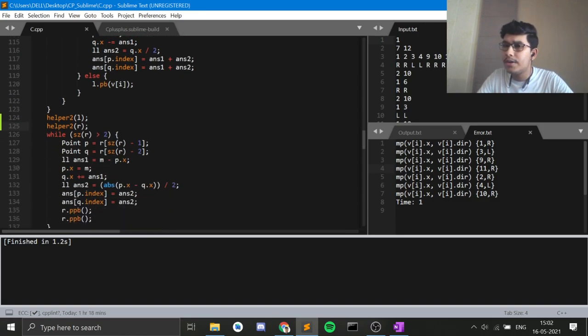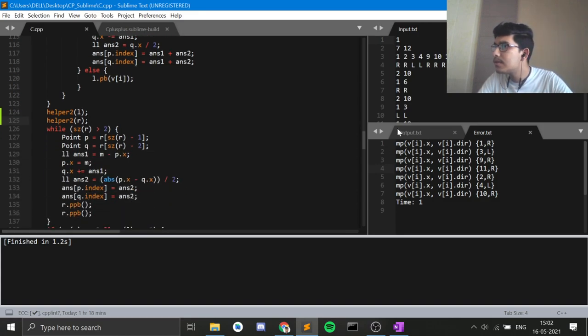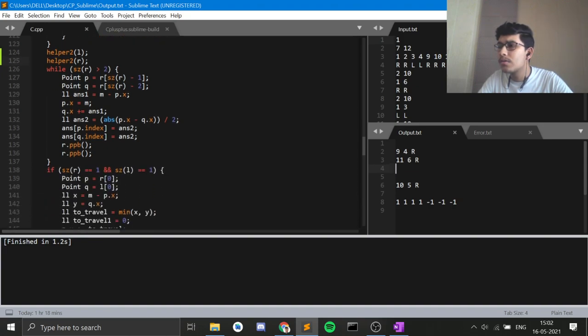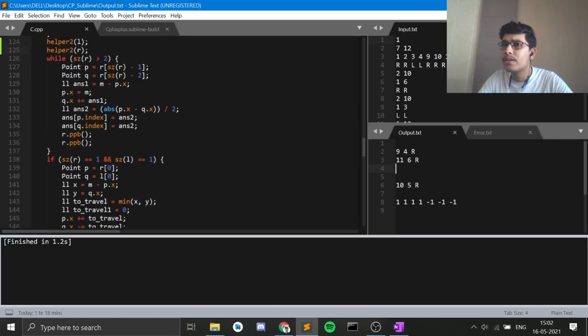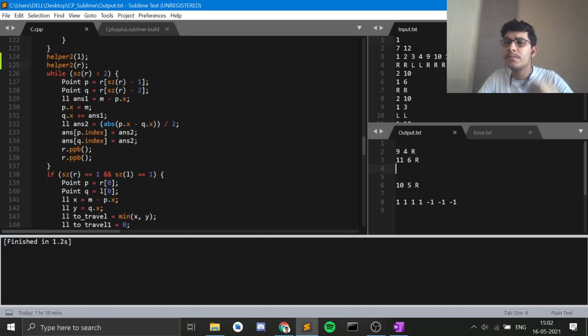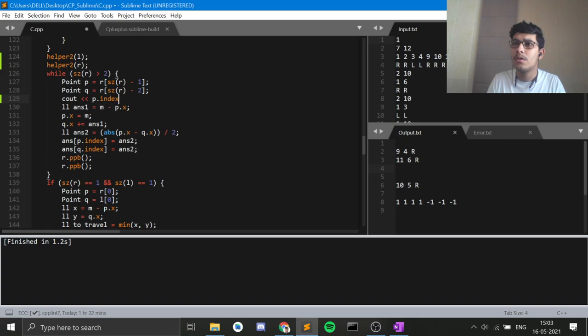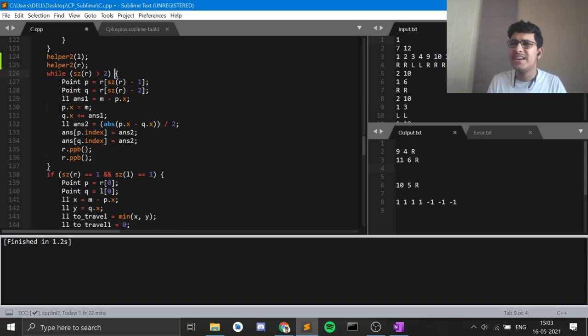So I'm not getting any output here. This means, okay, I'm getting it here. So this should have been fine, right? Okay, it should have been greater than or equal to 2.